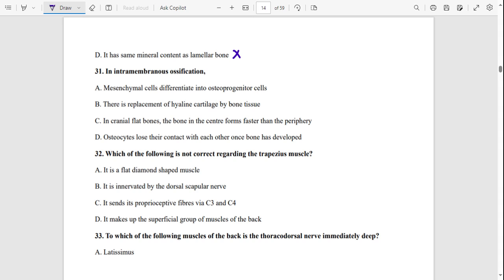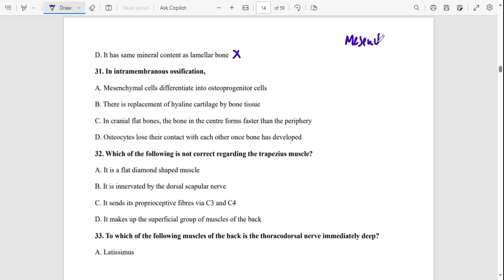Okay, and then number 31, in intramembranous ossification. Now before we even answer the question, intramembranous ossification is where bone develops directly from mesenchymal tissue.